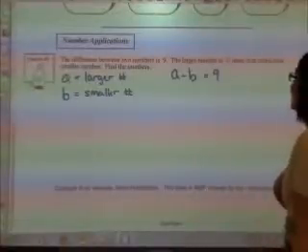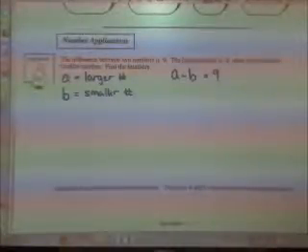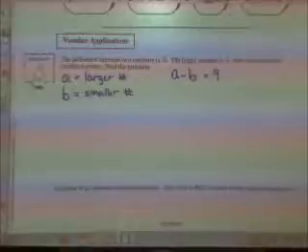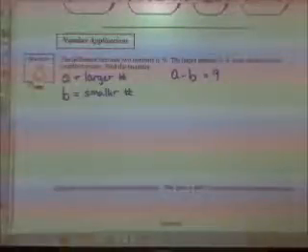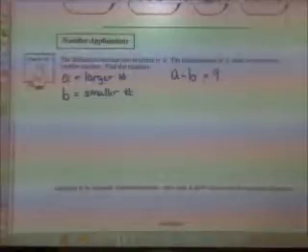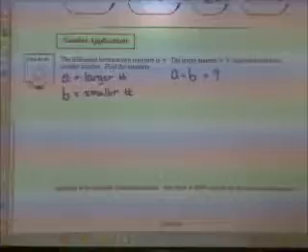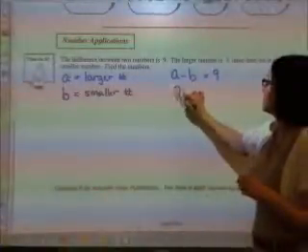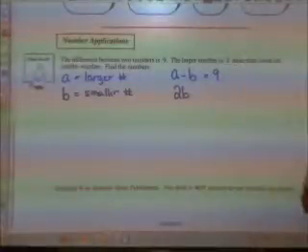The large number is 3 more than twice the smaller number. How would I write that in mathematical symbols? How would I write twice the smaller number? 2b, and I need to be 3 more than that.